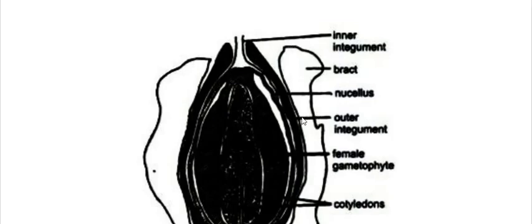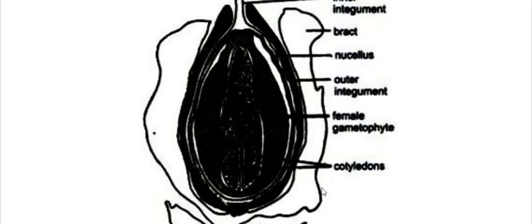This is the inner and this is the outer integument, and these two envelopes give the two layers around the seed, and the bracts which are present around this ovule in the megasporangiate strobilus also become thick and fleshy, and along with these two layers around the seeds, the third additional layer is formed by these bracts, which become thick and fleshy.